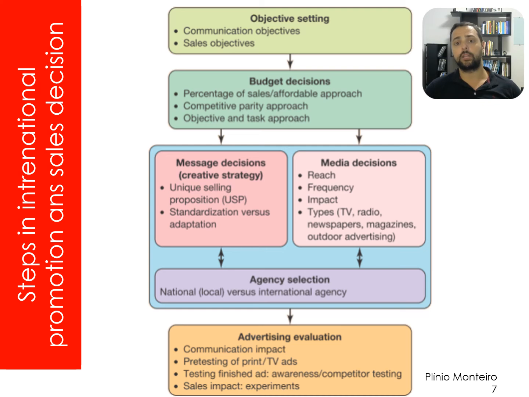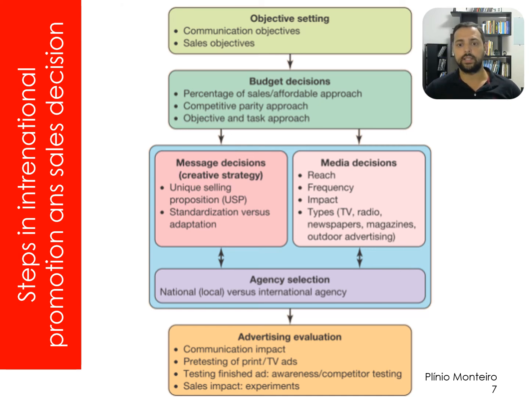You will start by setting your objectives, and this will be related to your communication objectives, like increasing brand awareness or increasing brand equity, and also some more tangible objectives like sales objectives or financial objectives.